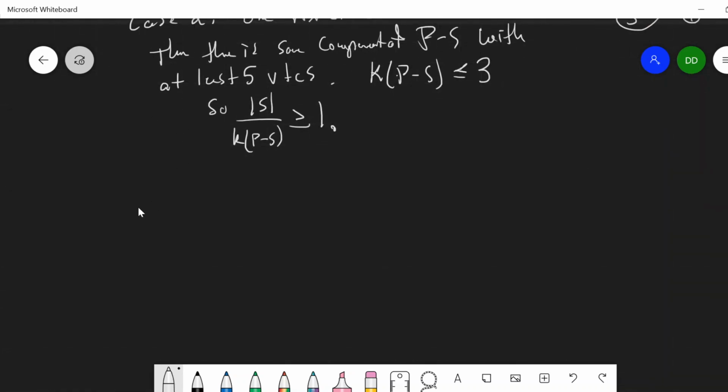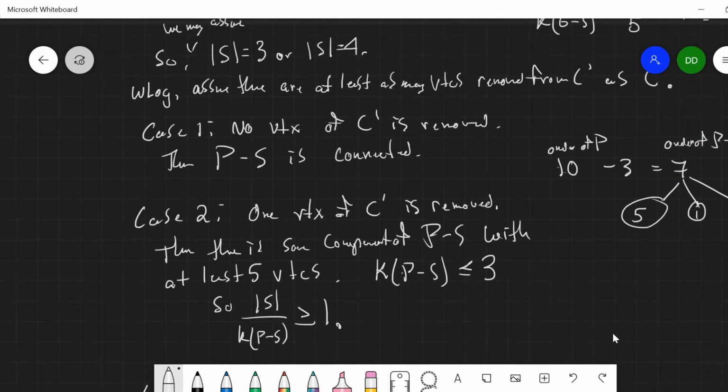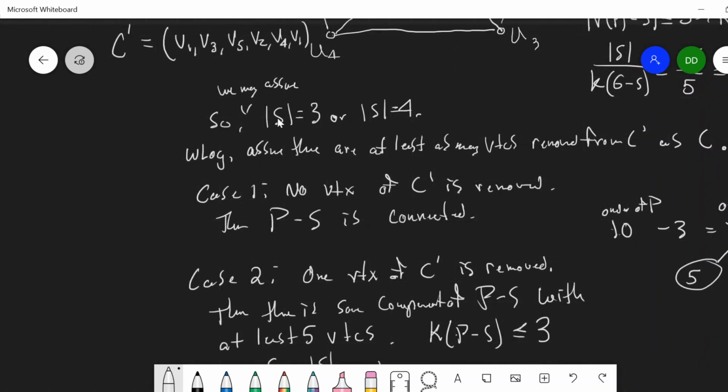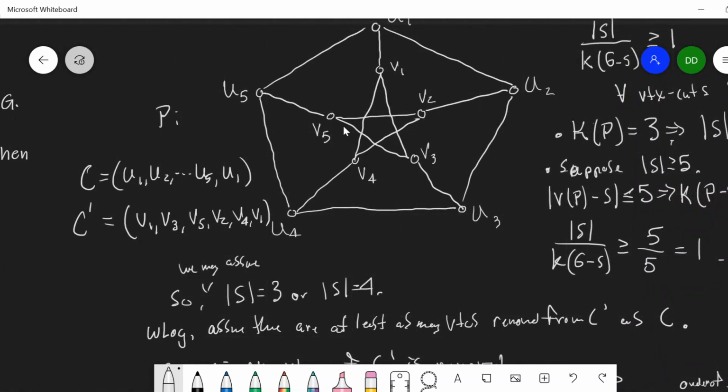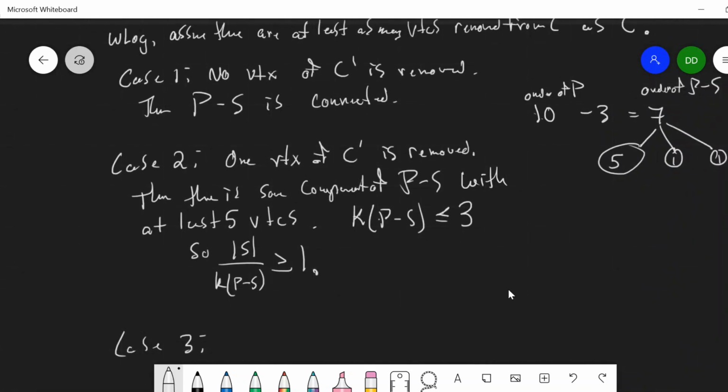All right, so case 3. Notice we can't remove 3 vertices from C prime. C prime is the one with the least number of vertices removed out of C and C prime. So what that means is that at most 2 vertices are removed from C prime, and if 2 vertices are removed from C prime, that means 2 vertices were also removed from C to get our total of 4.